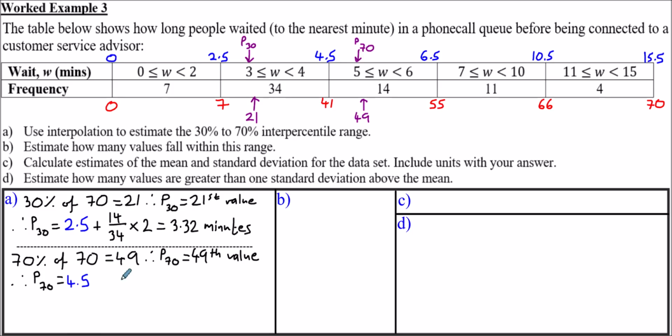We now see that the 49th value is the 8th one in. 49 minus 41 is 8. And there's 14 values in total in this interval. So P70 is going to be the 8th out of 14. So we add on this fraction of this class width. From 4.5 to 6.5 is a width of 2.